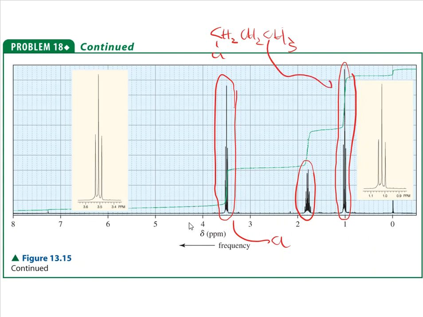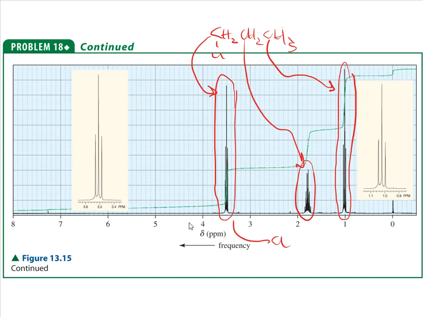So this signal probably goes to that one. This is the next furthest away. So that is probably this one. And this one is the closest to the electronegative atom, the most exposed, the most positive out of the bunch. The strongest to align with the field because it's the most positive, and it takes more energy to get it to flip. So that one is probably from that signal there.